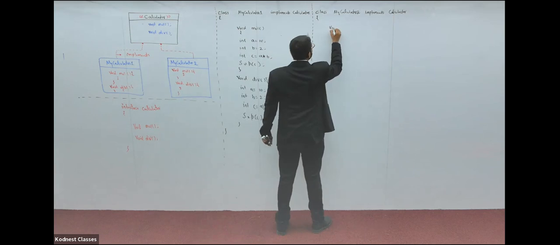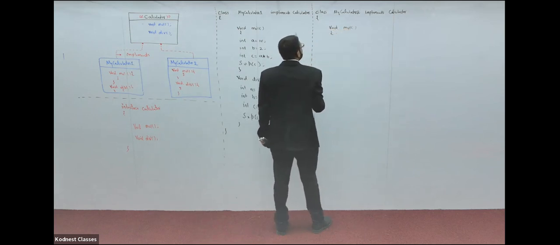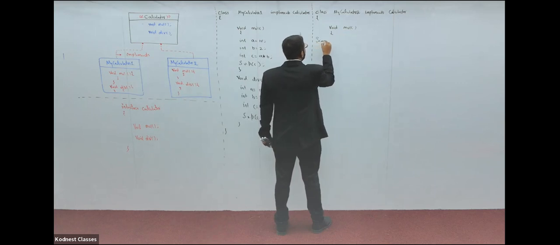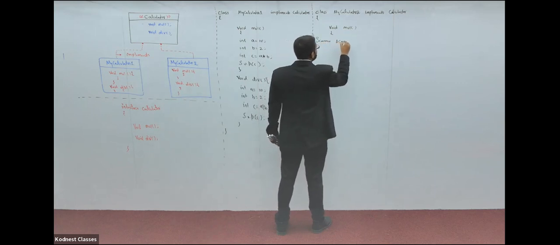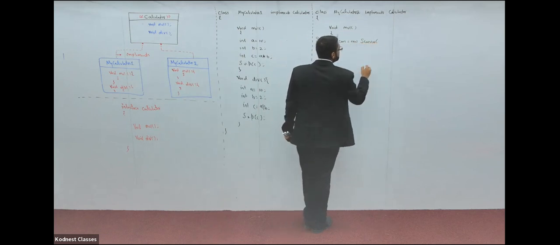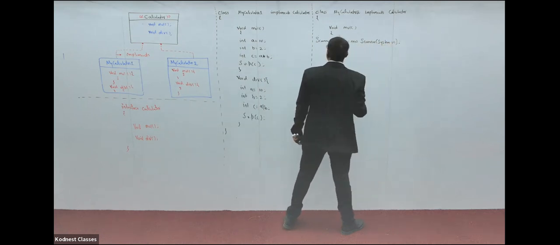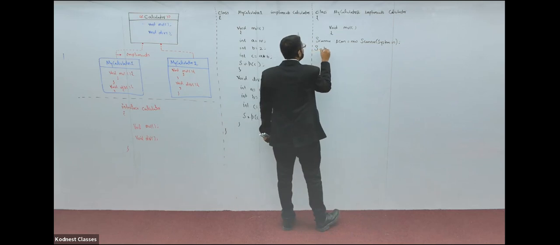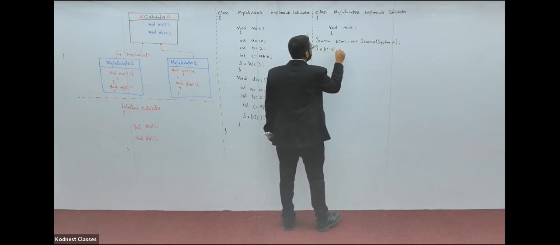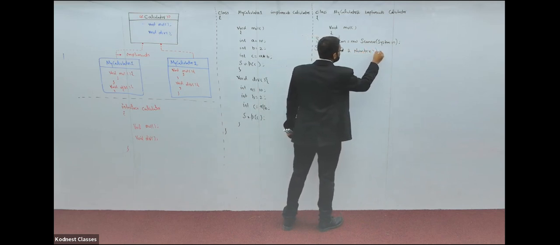Void mul. Maybe here I would tell Scanner scan equals new Scanner(System.in). Maybe I would tell System.out.println enter 2 numbers.